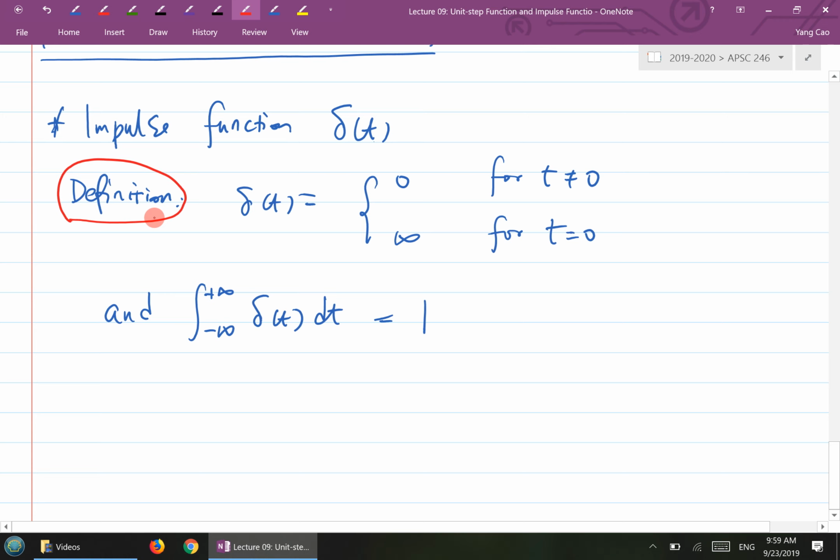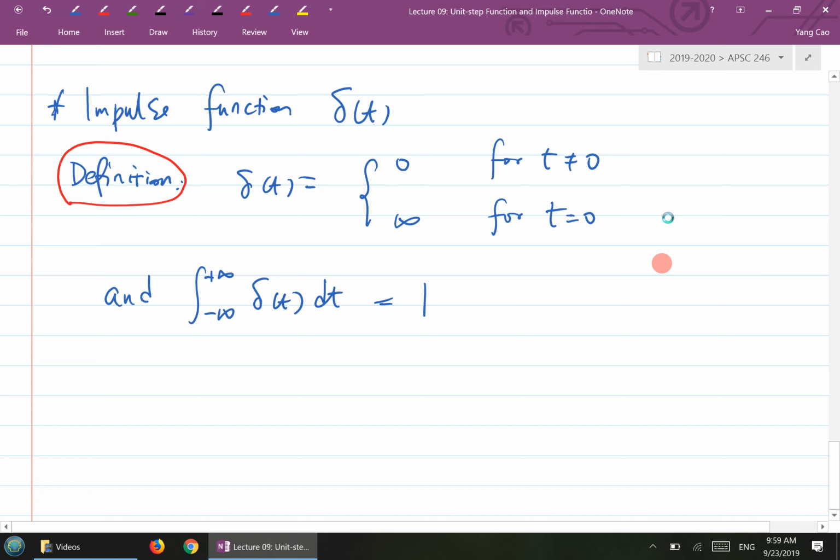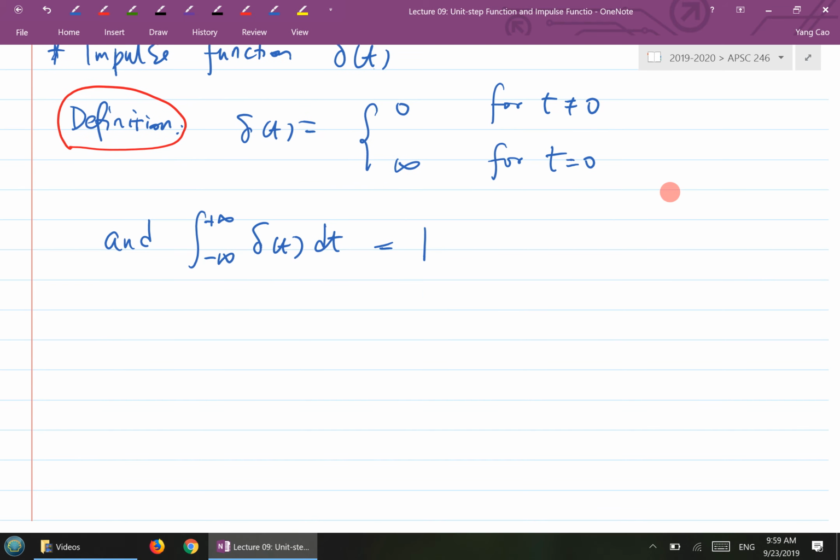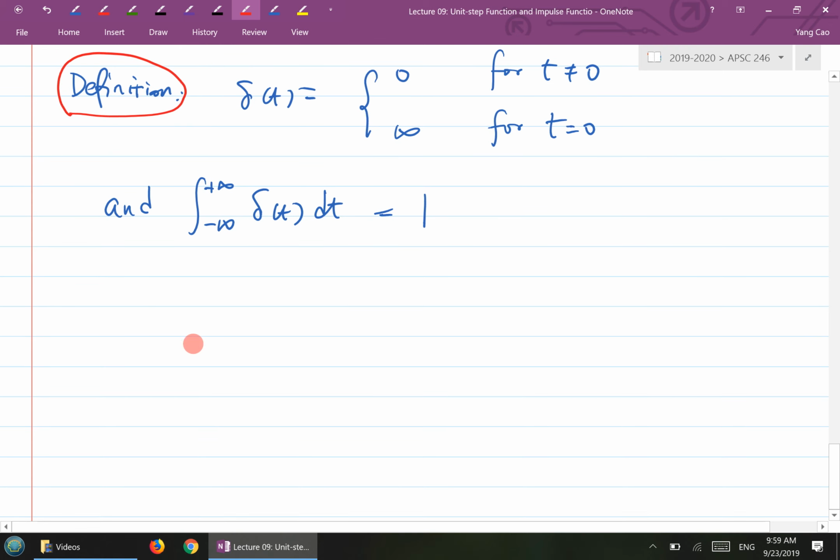There's nothing else I can do unless you define something new and it's accepted by everybody else. So this is a definition, and you've got to accept it. Like a parking ticket, I've got to pay for it, right? That's a rule. Now, where does this impulse function come from? I'll give you a little demonstration here.